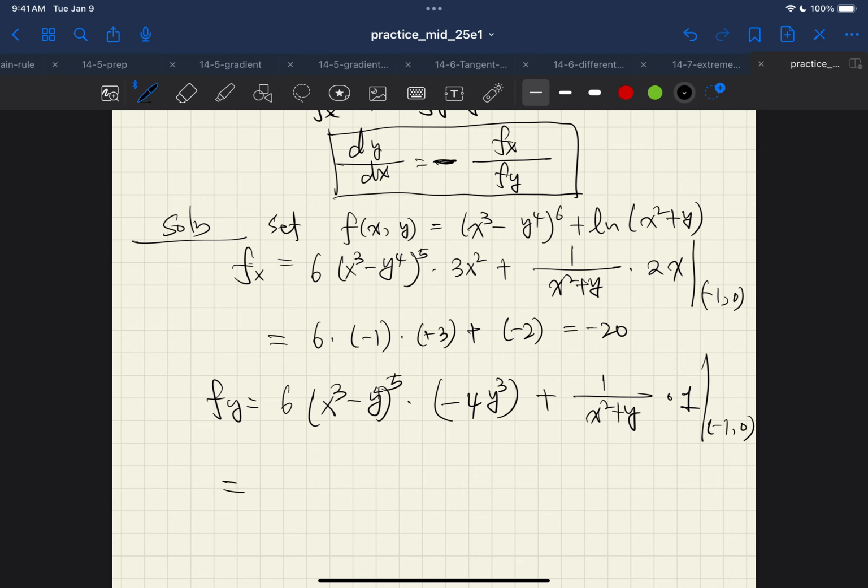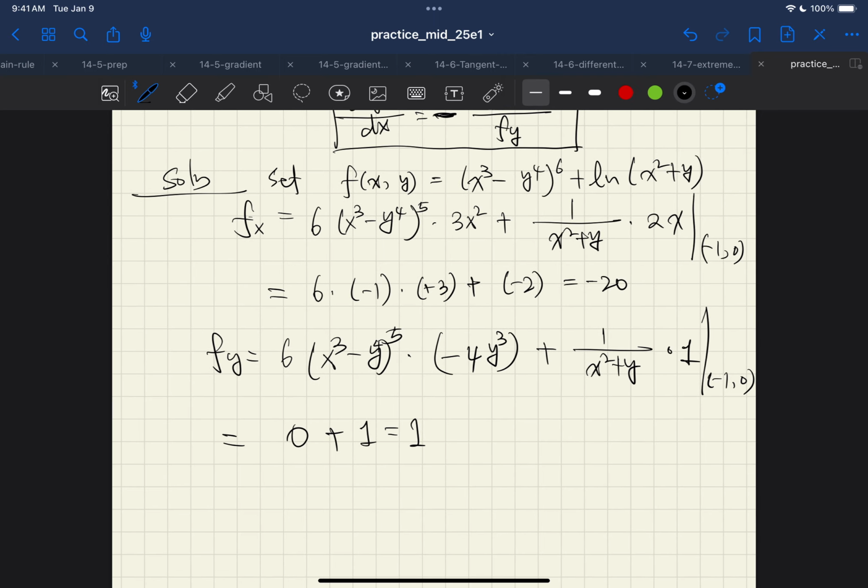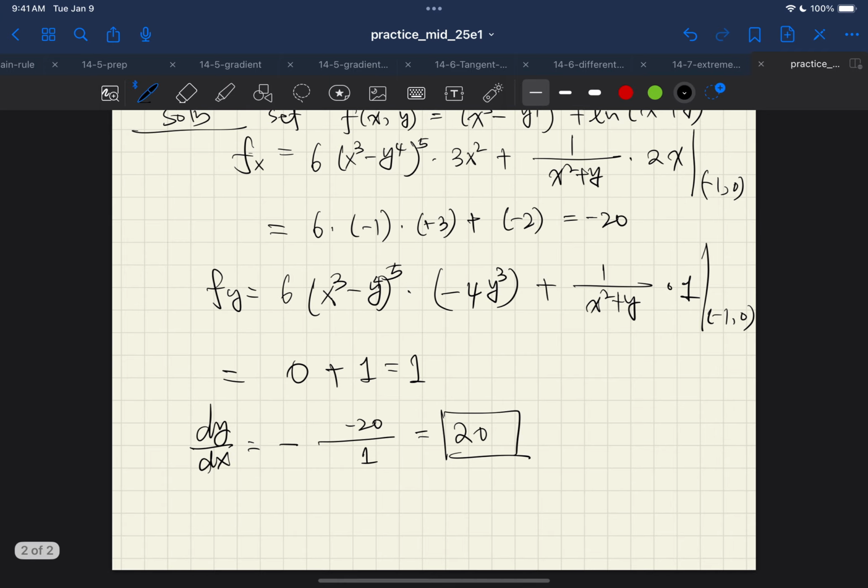Since y is 0, 0 multiplied by anything is 0, so the first term totally disappears. The second term is 1 plus 0, so it is 1. So fy is 1, and dy/dx is negative of fx divided by fy, which is 20. All right.